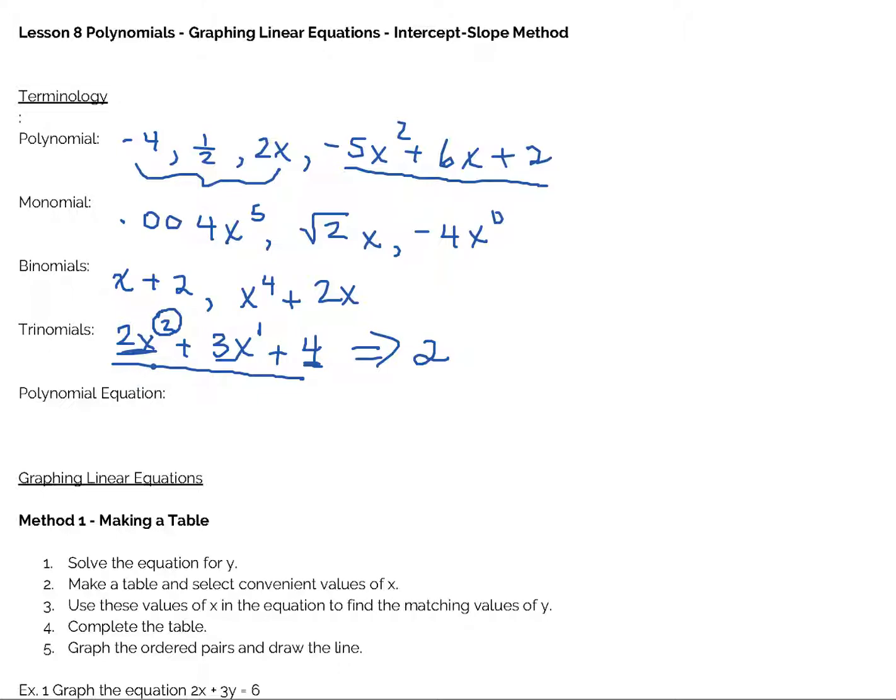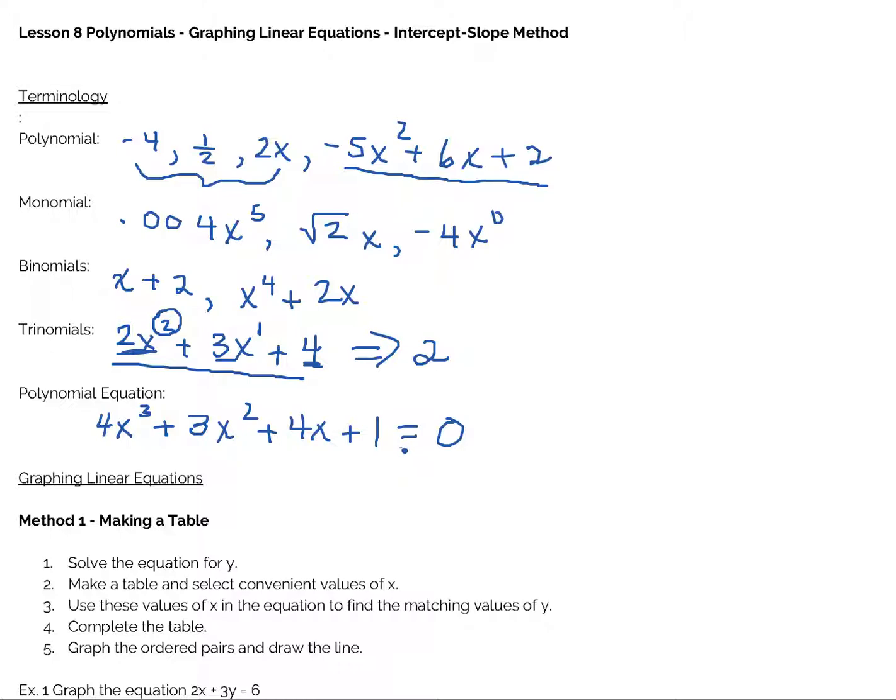There's also a thing called a polynomial equation. It's an equation that contains polynomial terms, and the degree of the polynomial equation is the same as the degree of the highest term. So let's just do a polynomial equation. It would be something like this: 4x to the 3rd plus 3x squared plus 4x plus 1 equals 0.